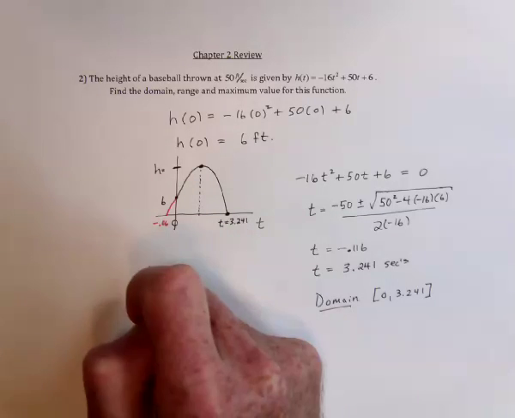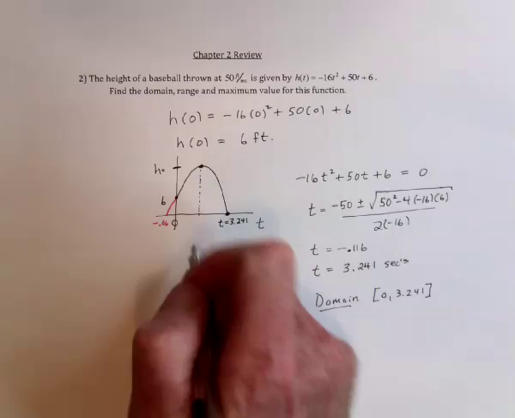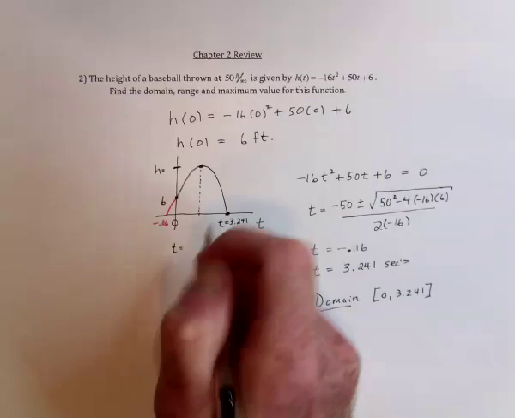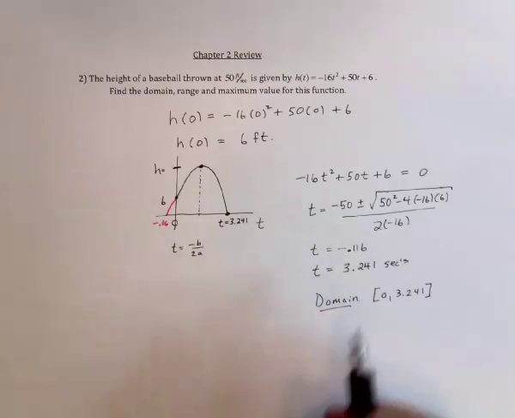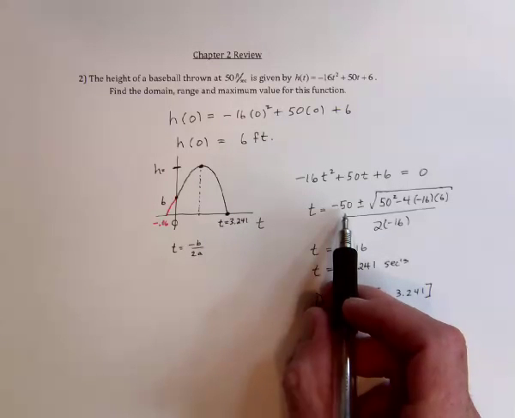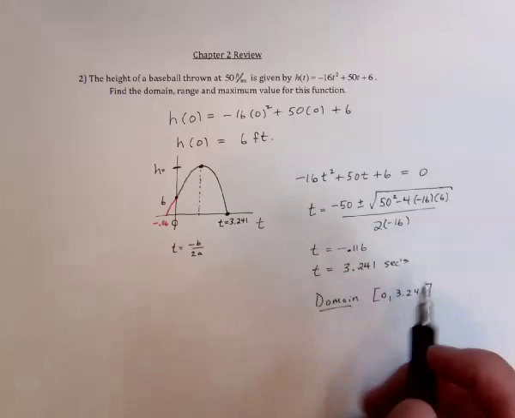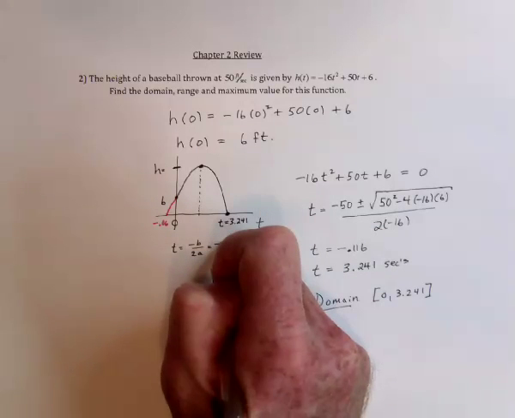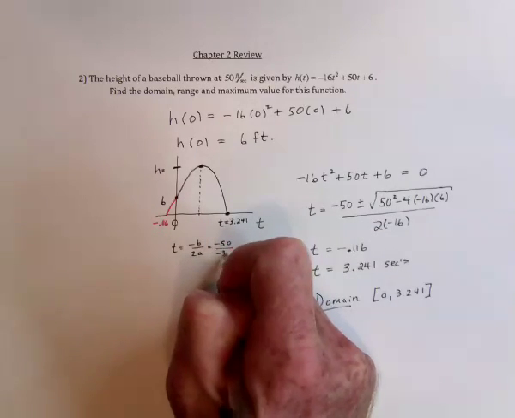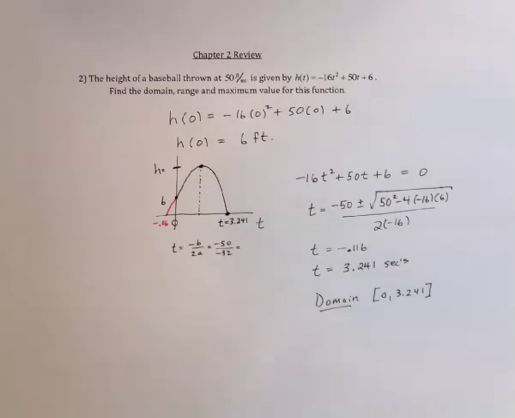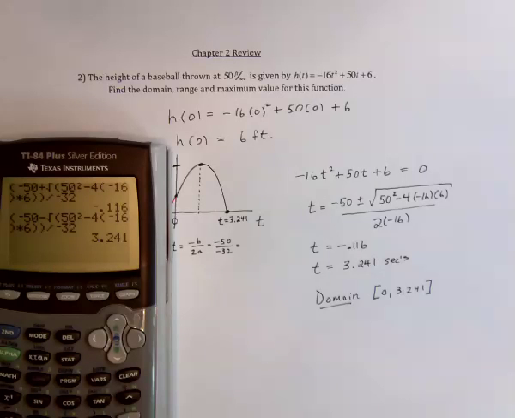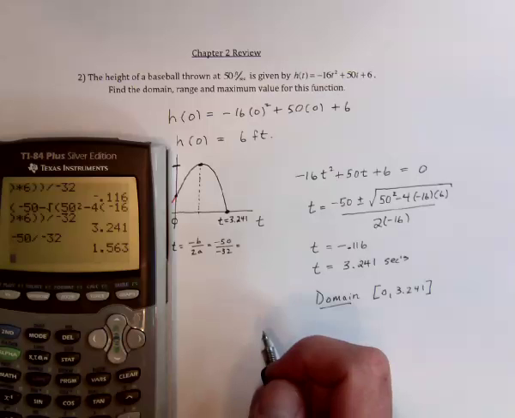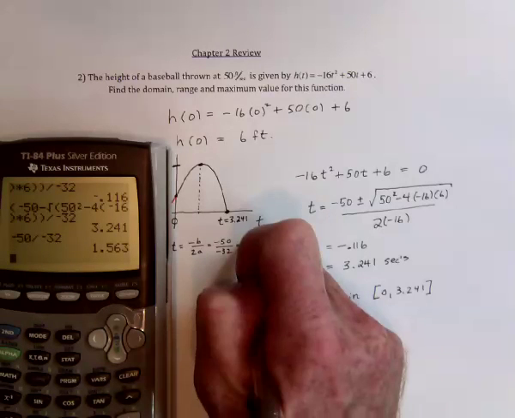Another way to do that is to use this shortcut formula, t equals negative b over 2a, which is actually this part of the quadratic formula. So negative 50 divided by negative 32 is 1.563.